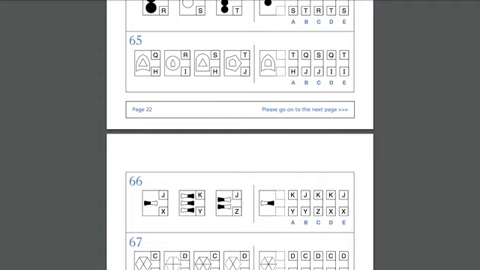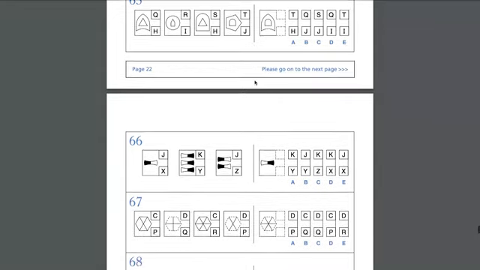What about 65? 65 is E. Yeah, it's E because again we need to look at what shape presents what. T is basically the shape inside one, and I is... 65 is TI. Yeah, that's why.